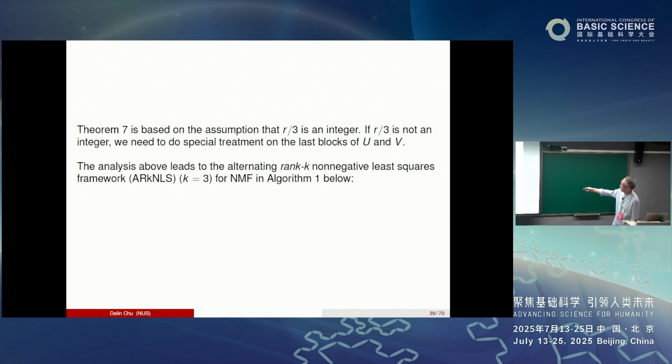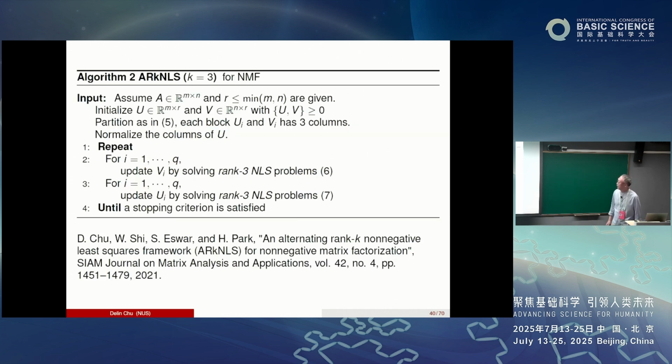If r over 3 is not an integer, then we need to do some special treatment on the last block of U and V. Based on the results we just derived, we have the following method, which we call ARK-NNLS, with k equal to 3. Now, in each updating step, we need to solve the rank 3 non-negative least square problem 6 and the rank 3 non-negative least square problem 7. Now we know how to solve these subproblems, right?